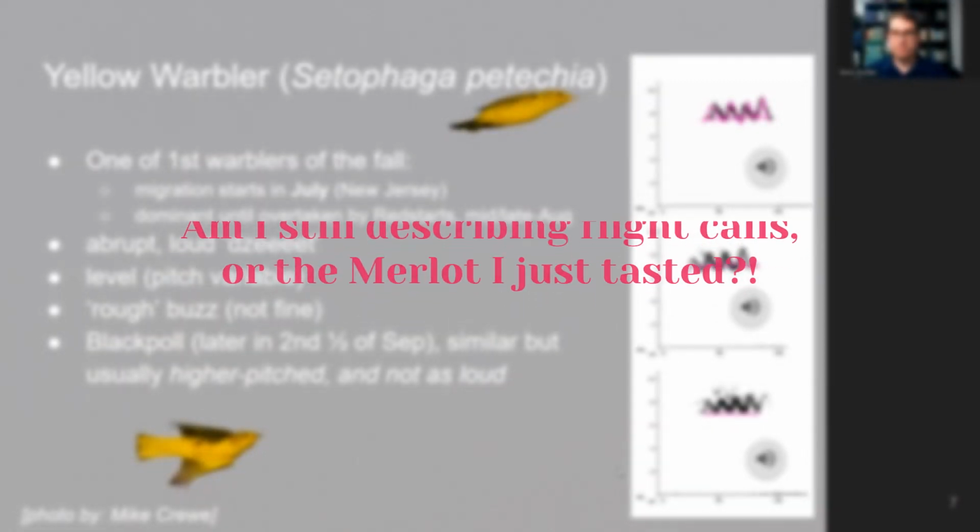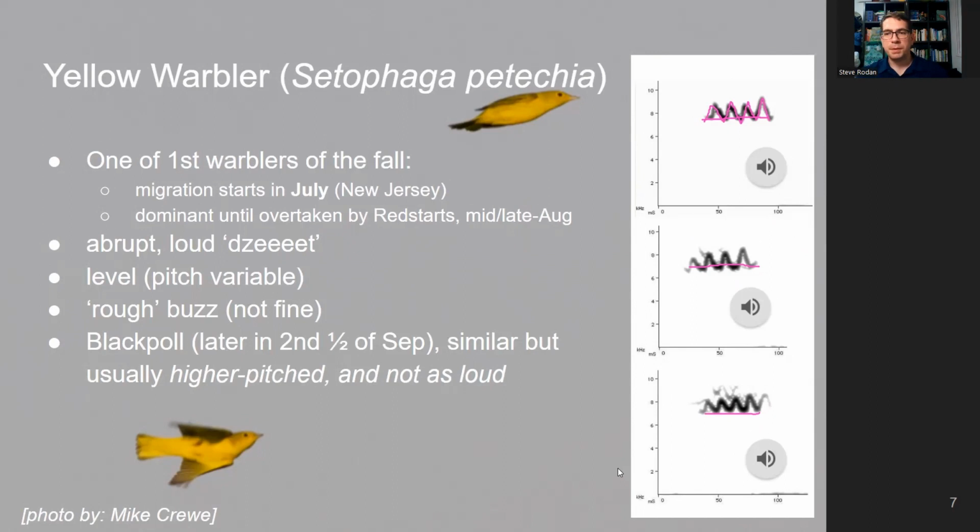So actually, about the time this video is coming out, in the second half of September, blackpoll warbler is really the most dominant zeep call from roughly the middle of September into a little bit of October. Probably till the first half of October, you'll have variable numbers of blackpolls mixed in with all the yellow rumps.